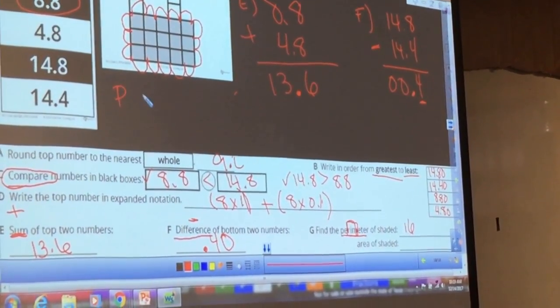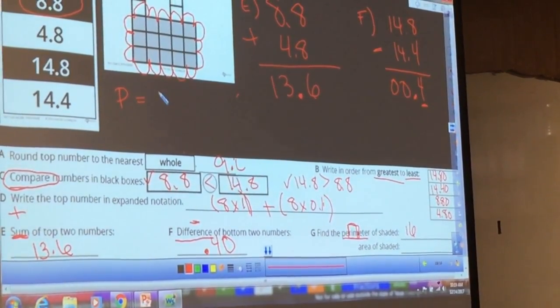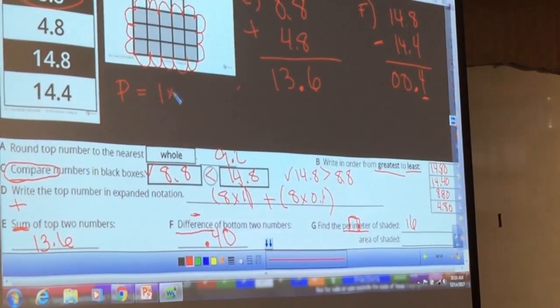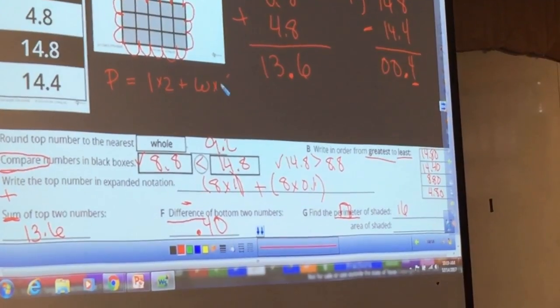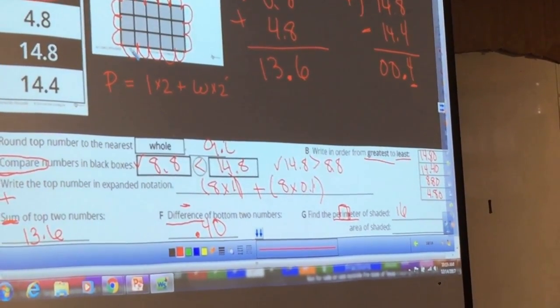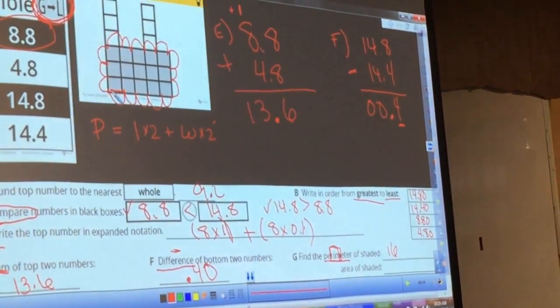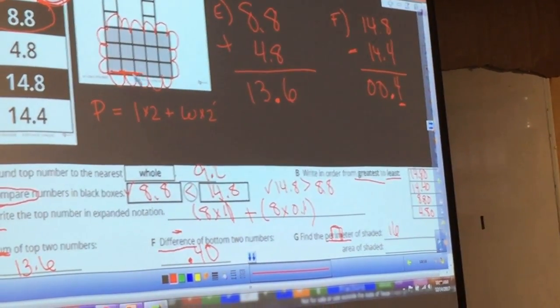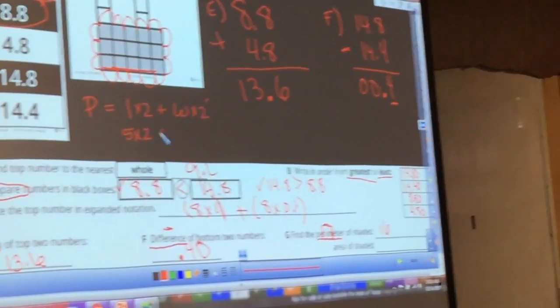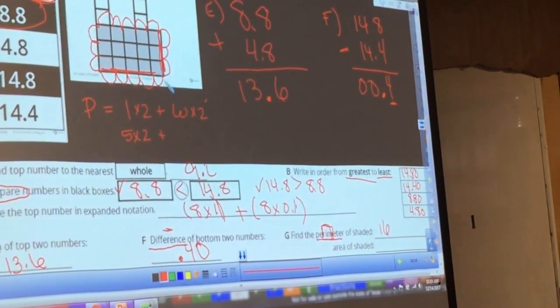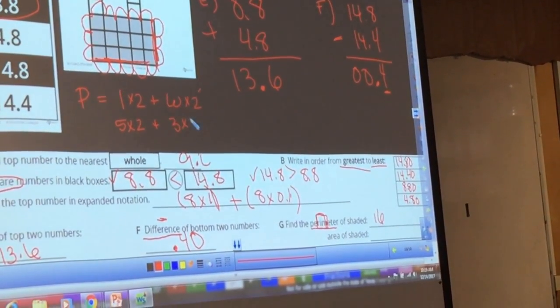Perimeter equals the length times 2 plus the width times 2. How many is in the length? 5. So 5 times 2 plus what's the width? 3. Width times 2.